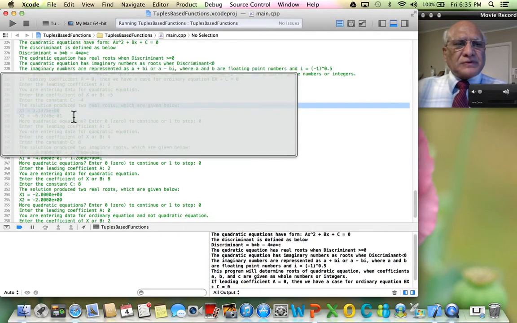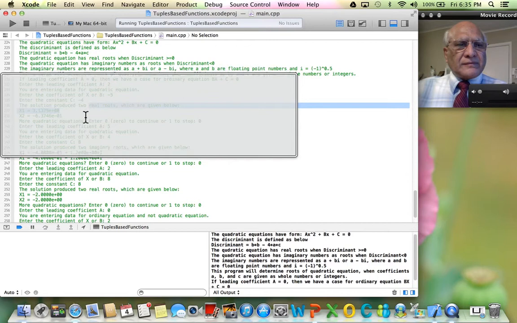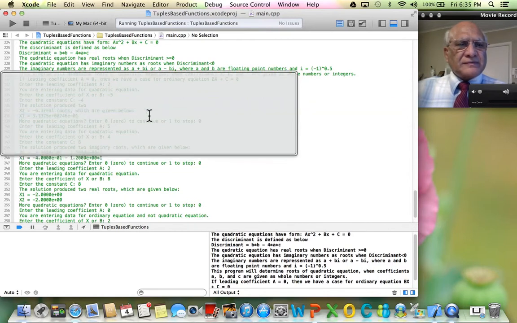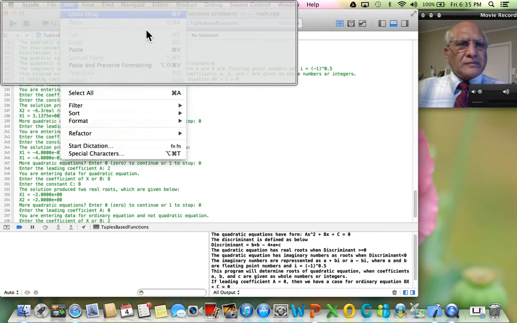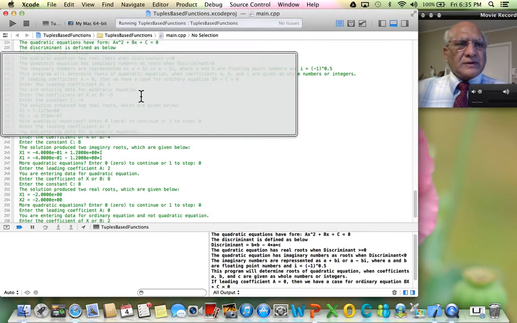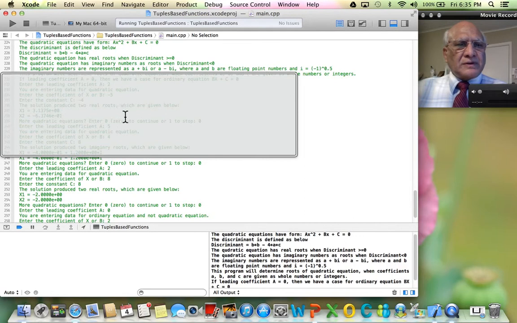But the two real roots in that case were x1 equal to 3.13 and x2 equal to -6.37 times 10 to the power -1. Okay. I think I did something, edit undo. Yeah. Okay, so the second was 0.637 minus.